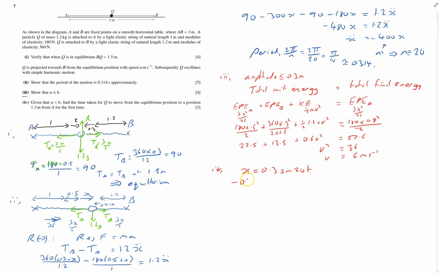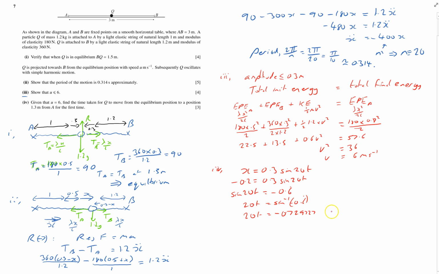So negative 0.2 equals 0.3 sine 20t, so sine 20t equals minus 0.6 recurring, so 20t equals sine to the minus 1 of minus 0.6 recurring, so 20t equals minus 0.729727. Well, obviously that's going to be negative, so that's where it would have started before.